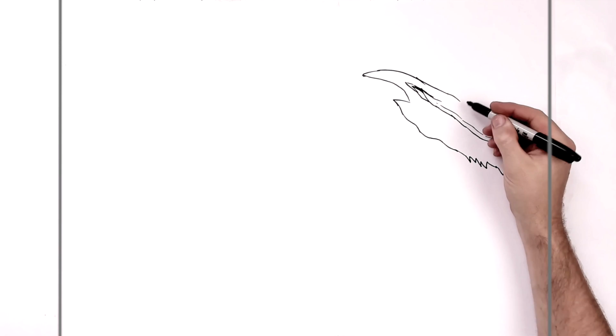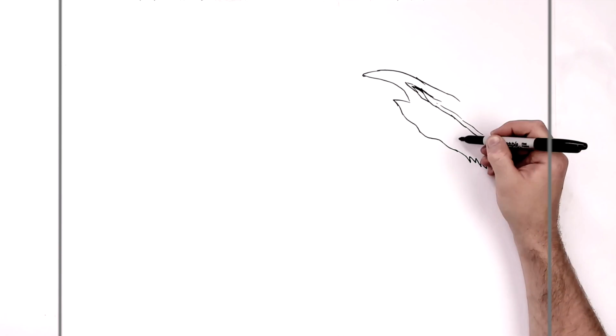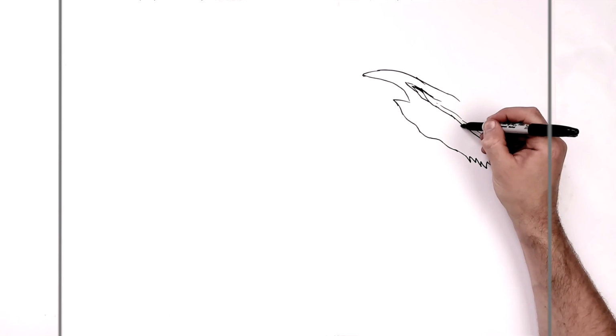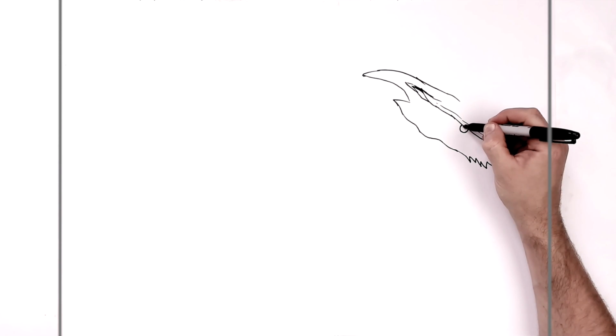This goes into his head. So in under here we have his eye. His iris is a small circle with the top cut off, just there. And his pupil, a black circle just there.